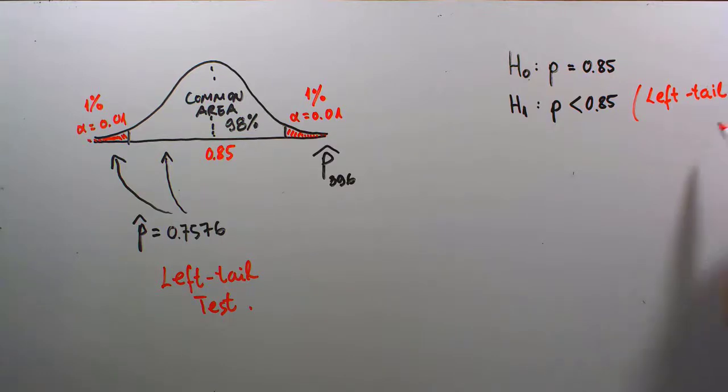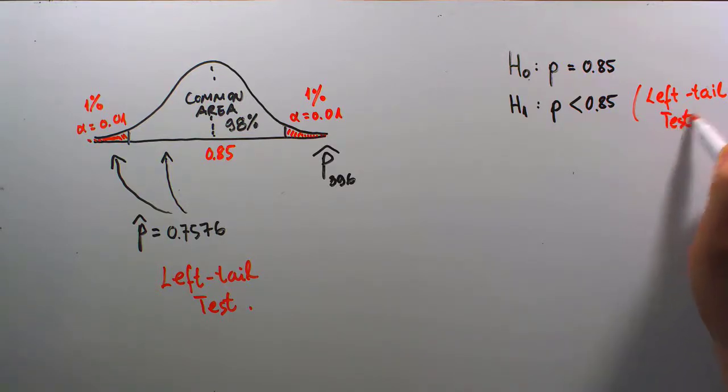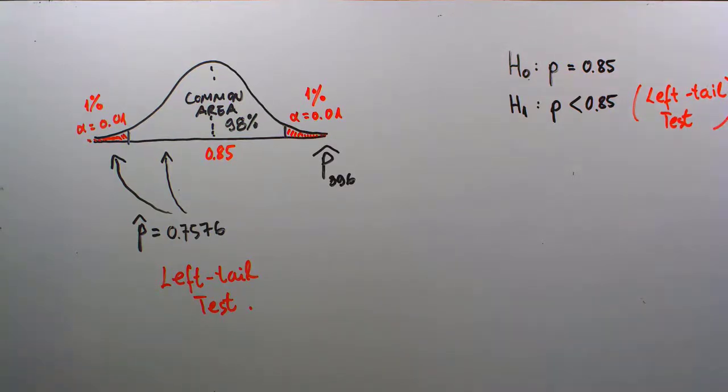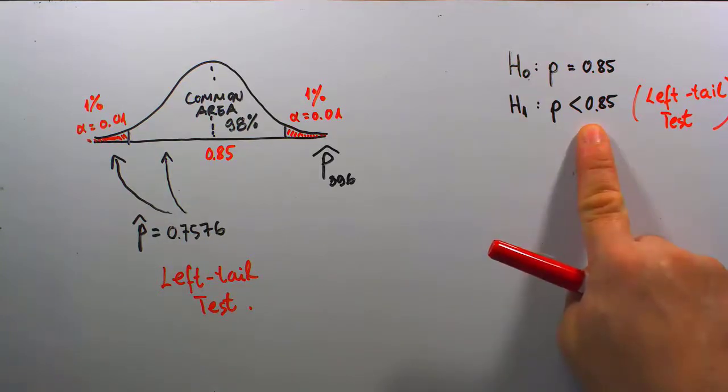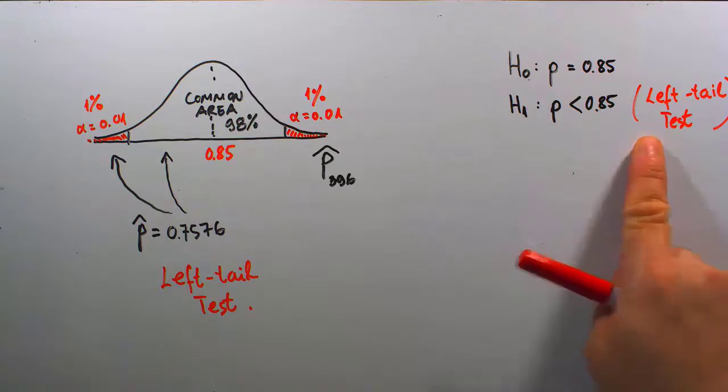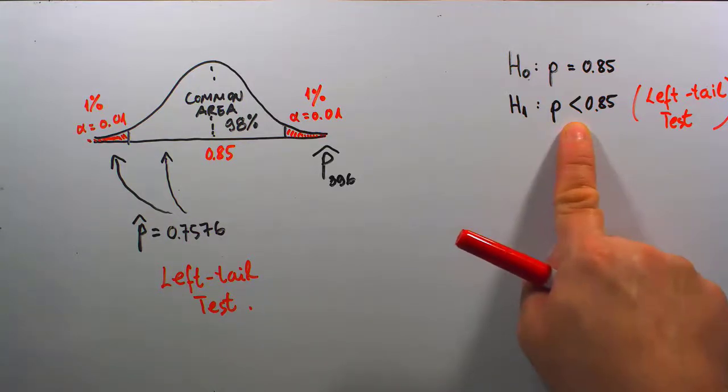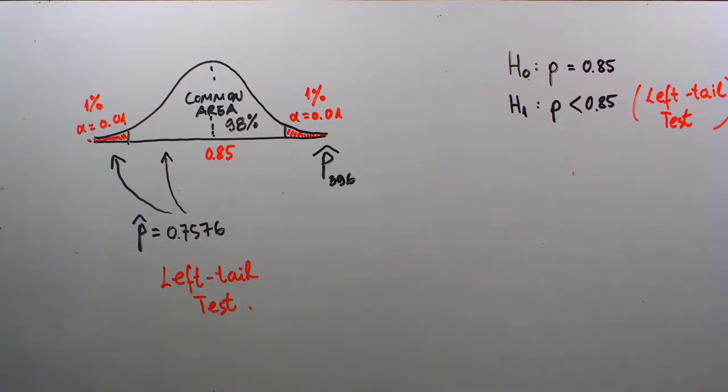And so we have a way to tell immediately whether our testing procedure is a left tail test or right tail test, by looking at the inequality in our alternative hypothesis.